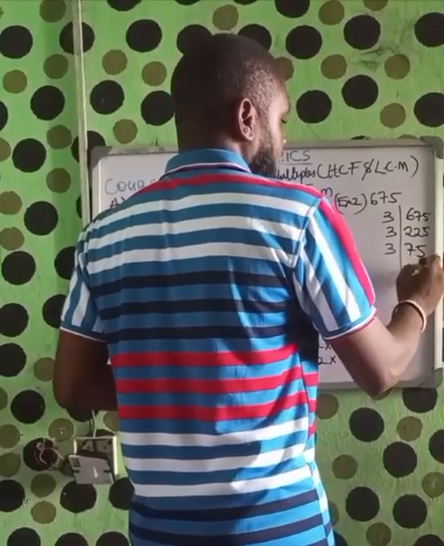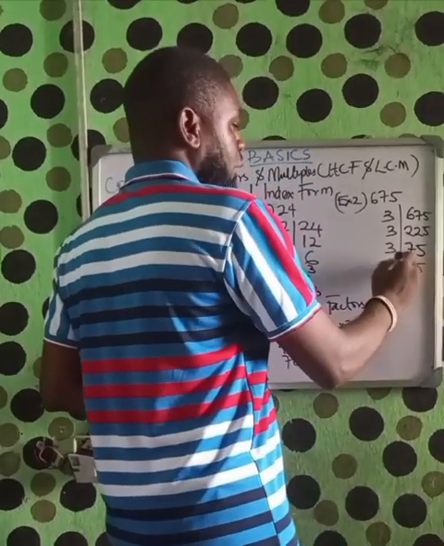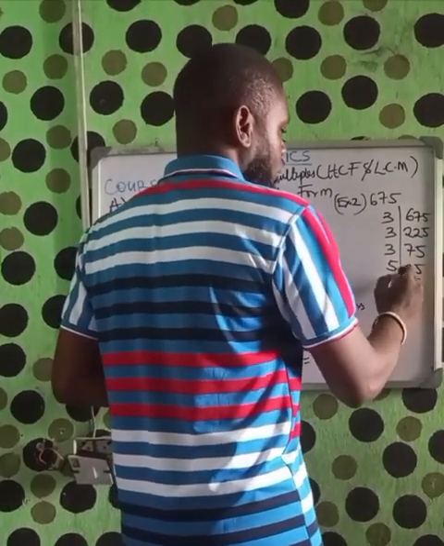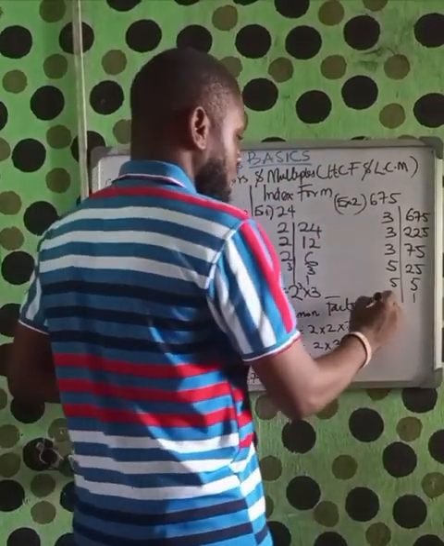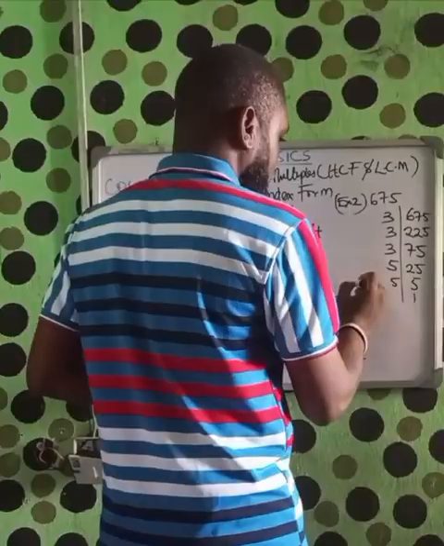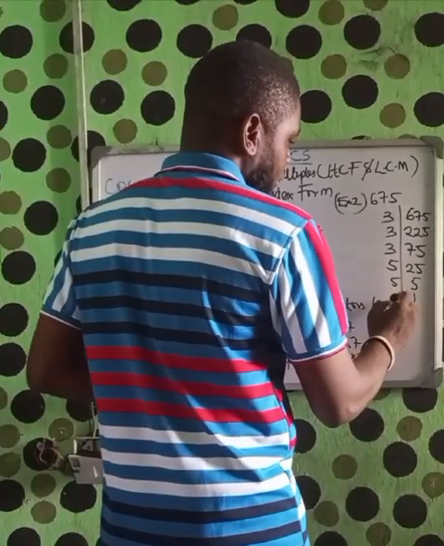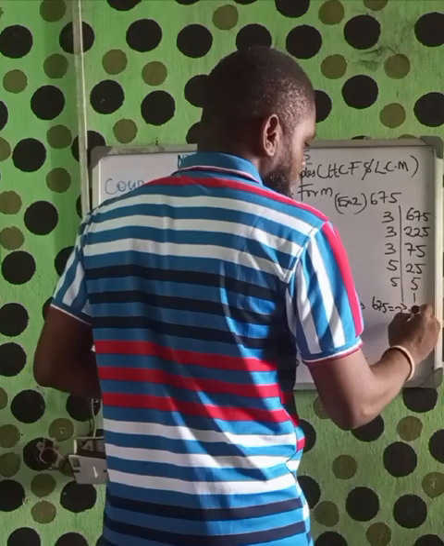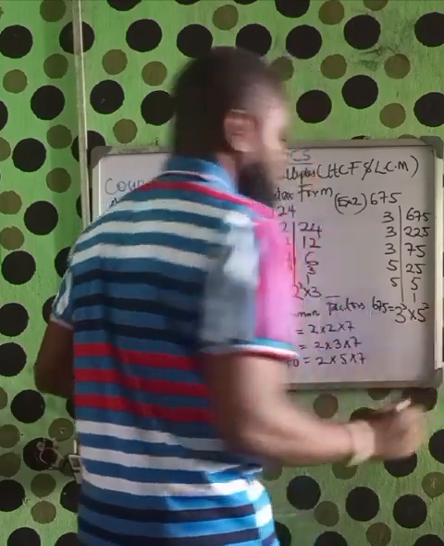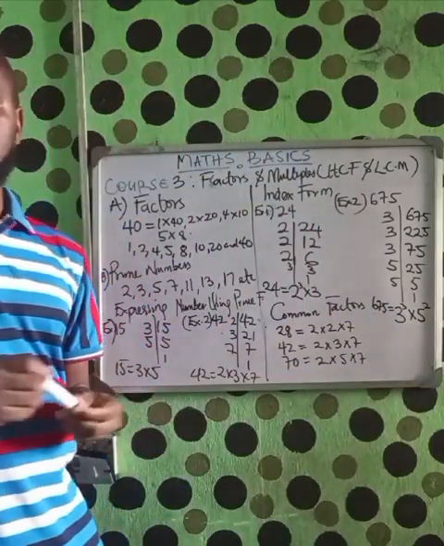So if I divide this, 5 here will give me 5. 5 here will give me 1. So if I want to express this in index form, 675 is equal to 3 cubed times 5 squared. So index form is as simple as this.